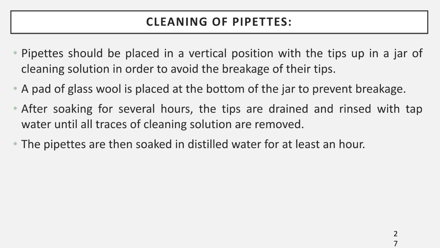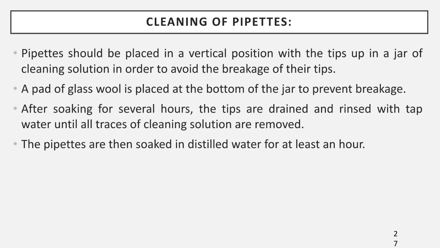And next is cleaning of pipettes. Pipettes should always be in a vertical position with the tips up in a jar of cleaning solution, in order to avoid the breakage of their tips. A pad of glass wool is placed at the bottom of the jar to prevent the breakage.